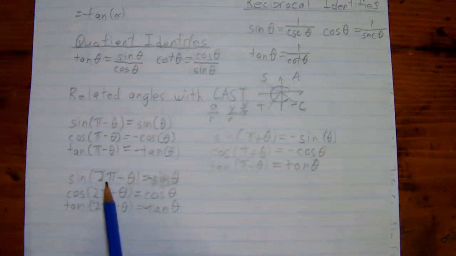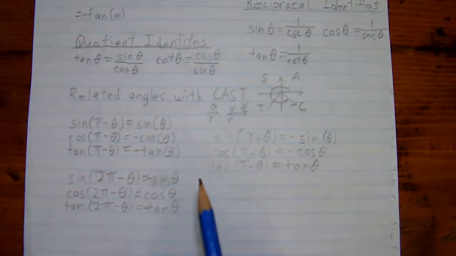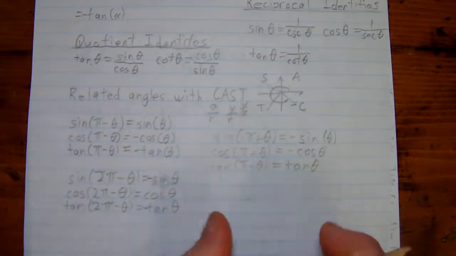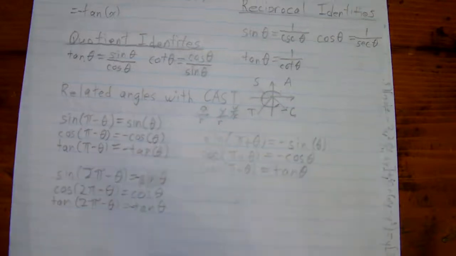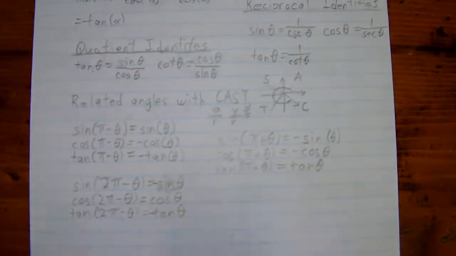So if we're adding 2 pi to an angle, we're just moving the whole wave by one wave. So that's not going to change it, right? If you add 2 pi to any angle and then take the trig ratio, you're going to get the same answer as if you didn't add 2 pi. And that's because you've moved the entire wave exactly one wavelength over, and so it's on top of itself again.